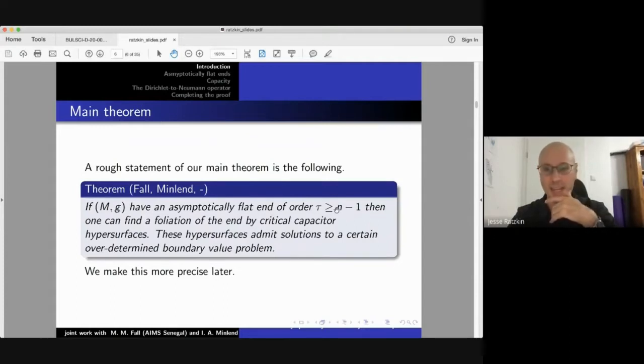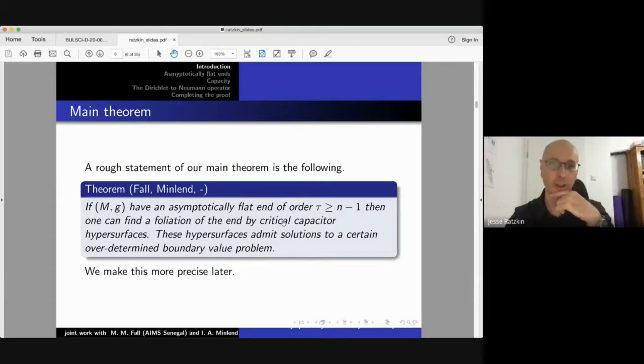the end is asymptotically flat of at least this order, and this is actually a very fast decay. This tells you that the rate of decay of the metric to the Euclidean metric, the flat metric, is very, very fast. Then one can find a foliation of this end. And you should think of this foliation as basically perturbations of large spheres.